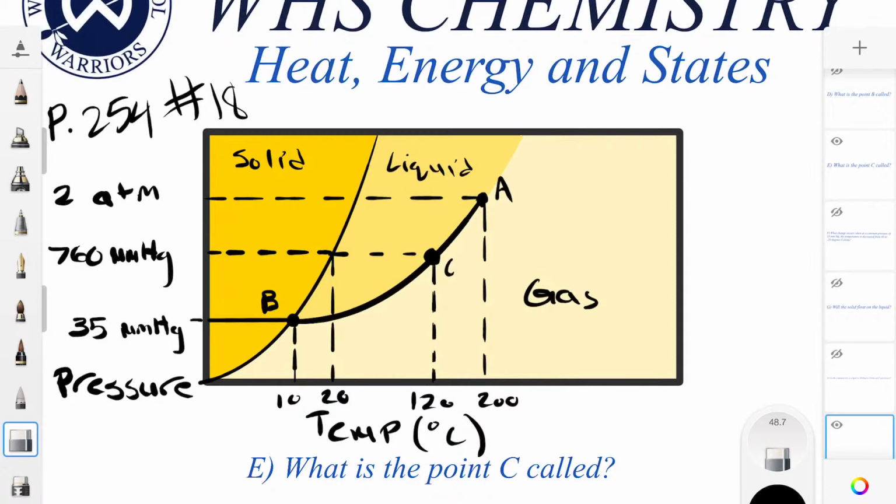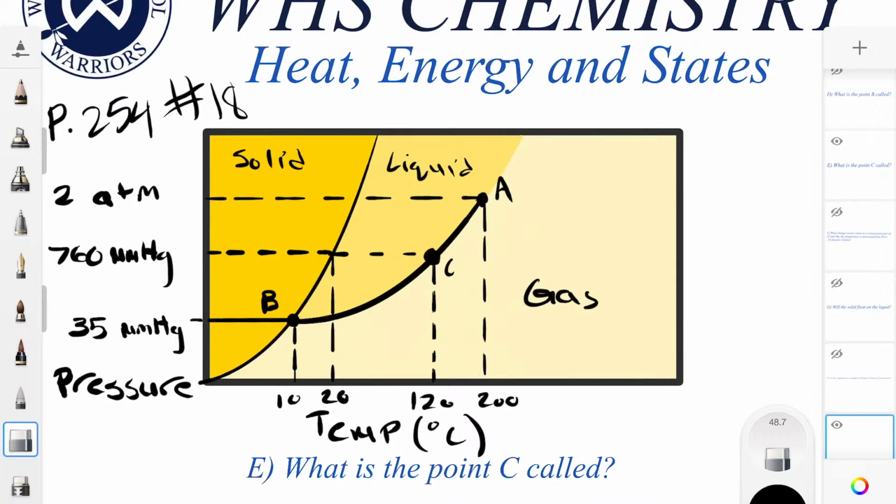All right, the next part E, we're asked what point C is called. Now at point C, we see that the temperature is at 120 degrees Celsius and the pressure is 760 millimeters of mercury. So this point is at standard pressure.